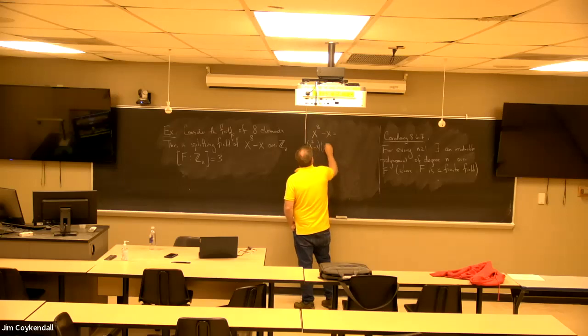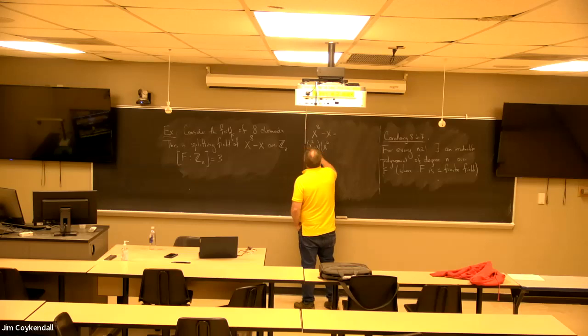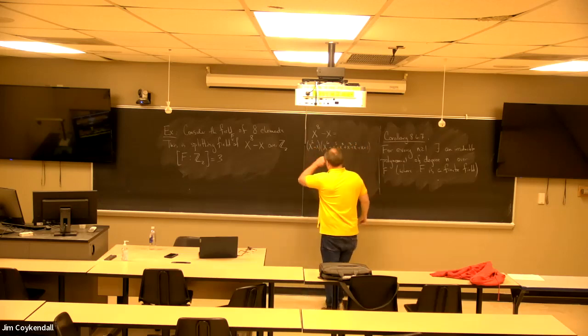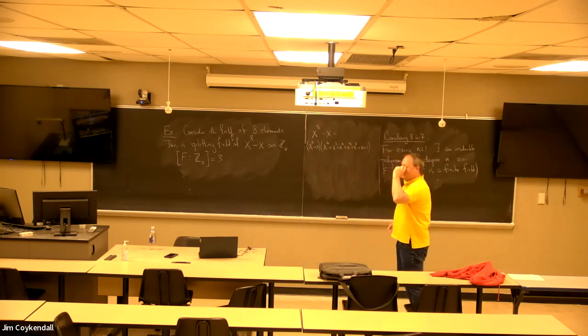Let's see if we can figure it out. x^6, I need that, and then I need my x^7 to cancel. That look right to y'all?